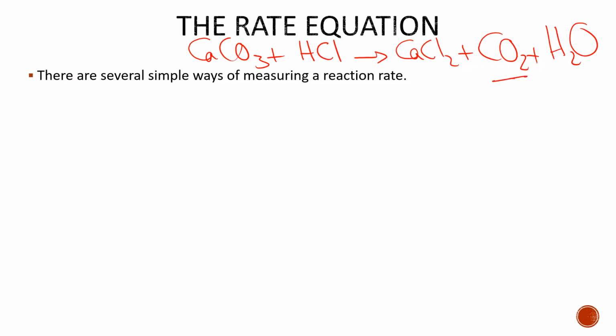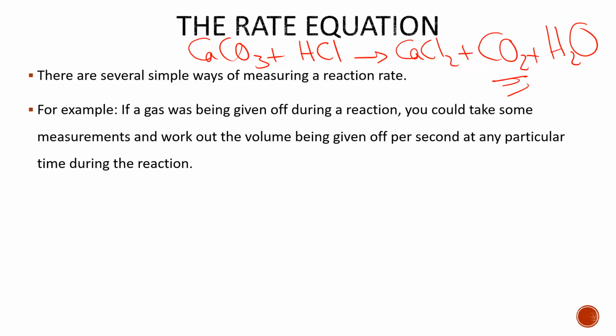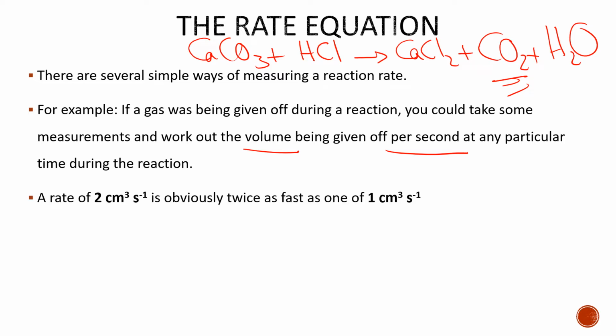Our main concern will be the carbon dioxide, because it is the gas that will be given off from this experiment. So if a gas is given off, we could simply measure the volume of the gas given off per second at any particular time, and this will give us an indication about the rate of this chemical reaction.